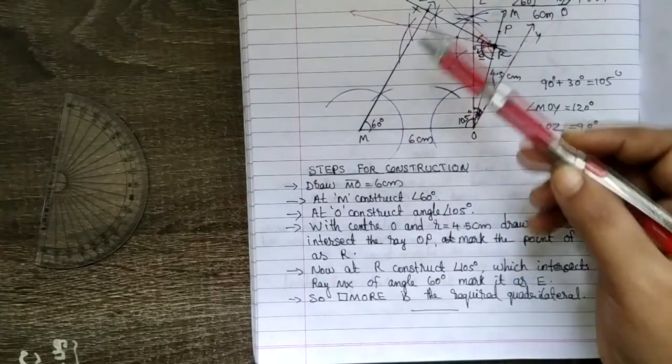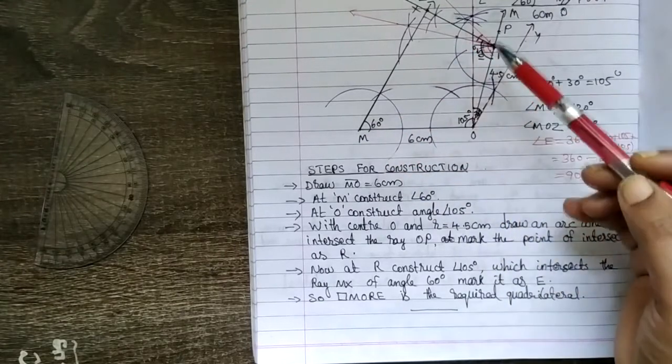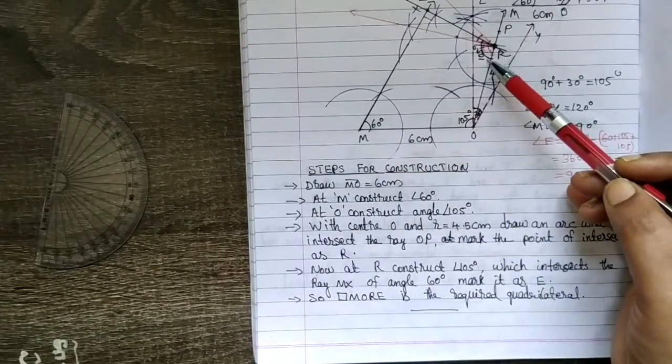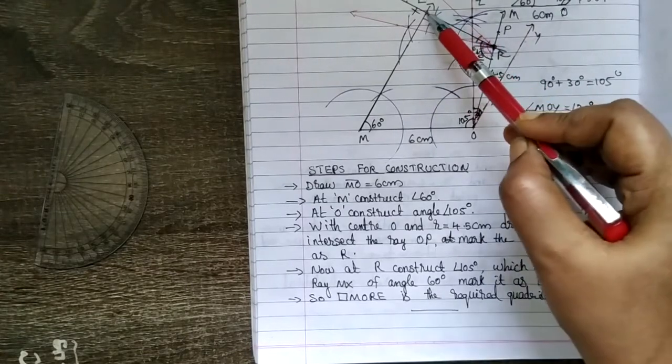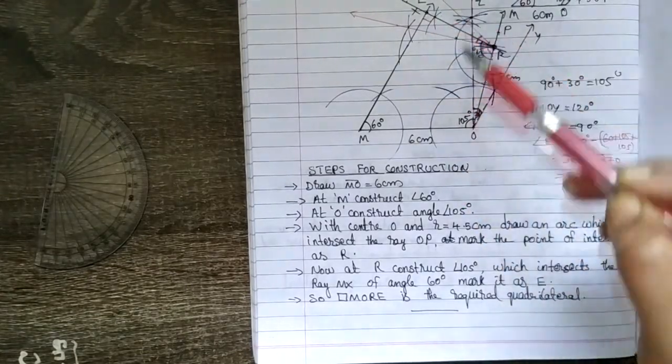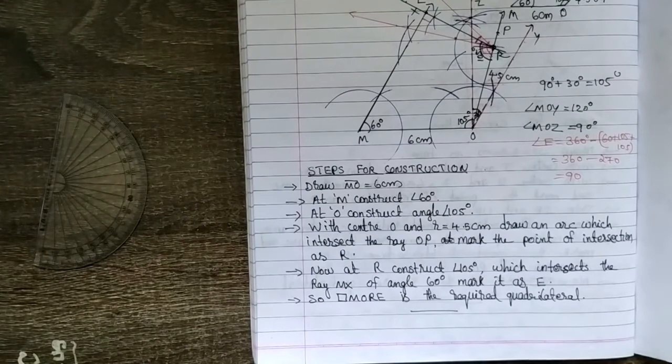Both rays, that is the ray MX of angle 60 degree and the ray of this angle 105 degree, will meet at the point here. Mark this point of intersection as E. Now MORE is the required quadrilateral.